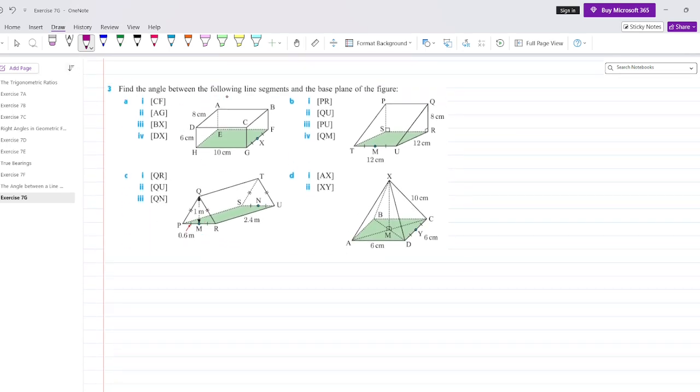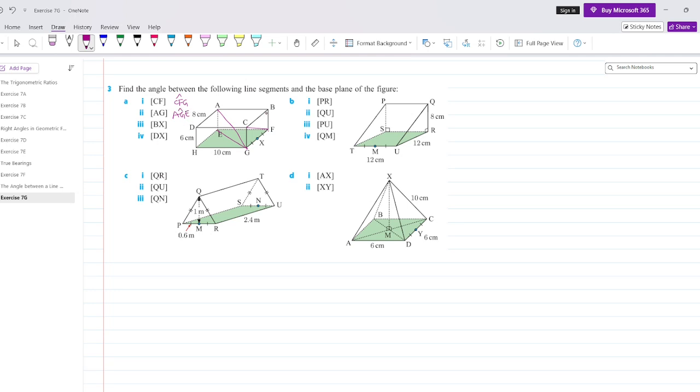Find the angle between the following line segments and the base plane of the figure. So CF is this line, its projection is GF, and therefore the angle is going to be CFG. AG is this line, its projection is going to be EG, therefore the angle is going to be AGE.